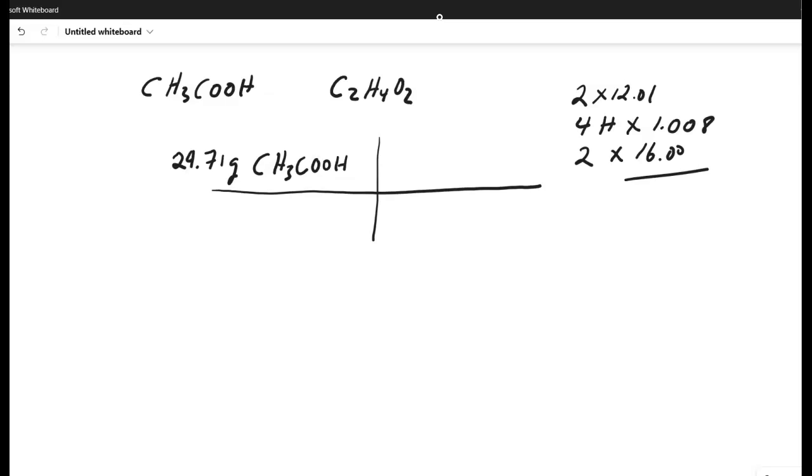So if I add that up, let's get the calculator going here. Well, you don't really need a calculator for that. Let me see here, I don't want to mess it up.